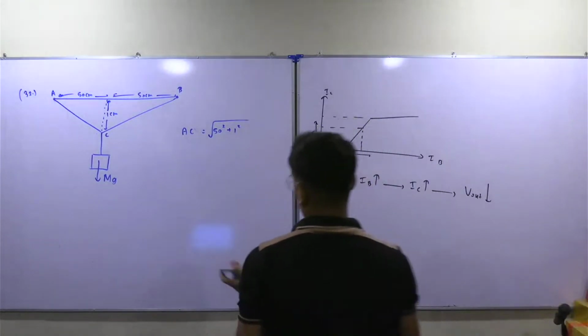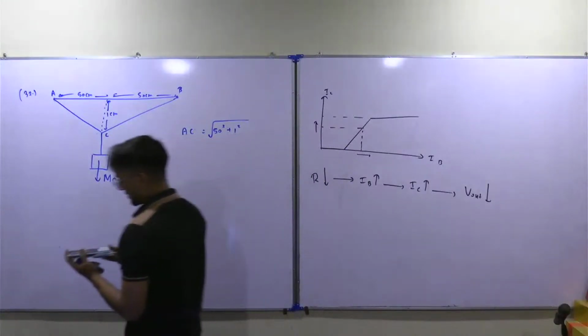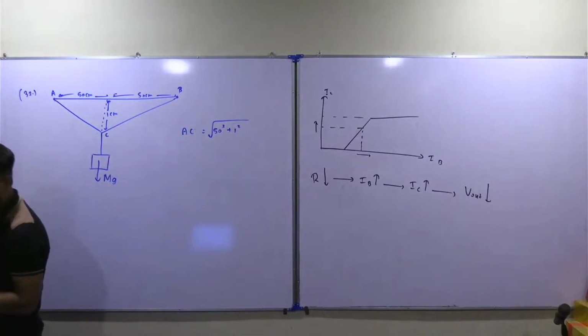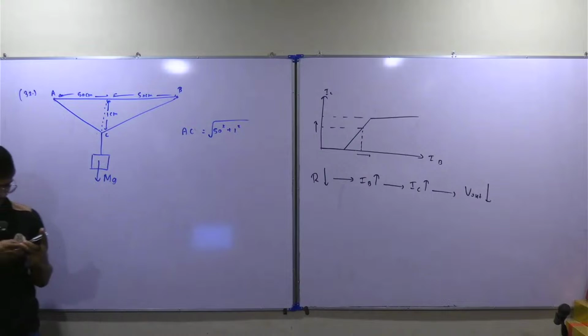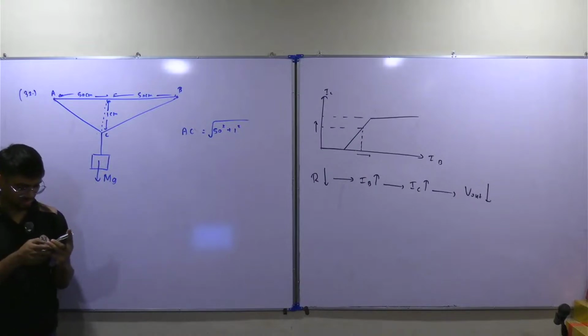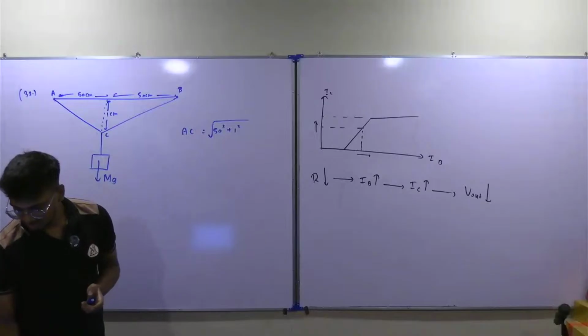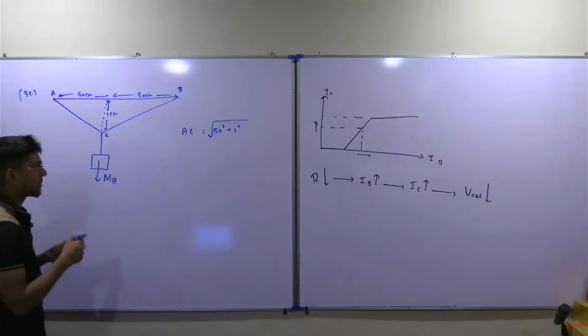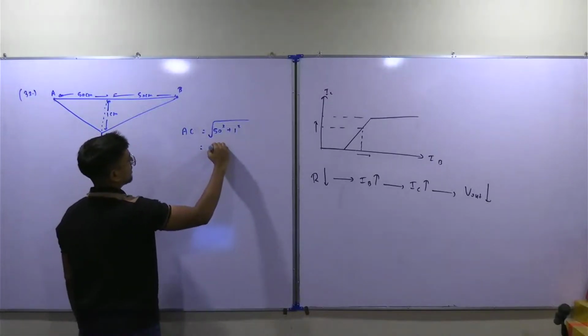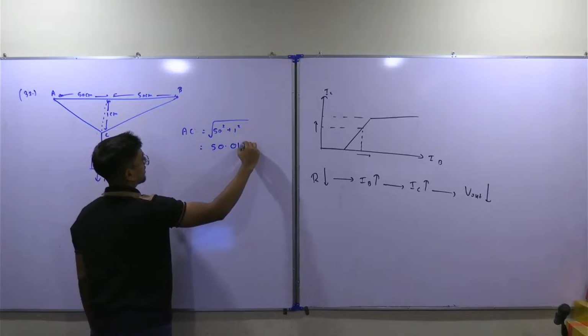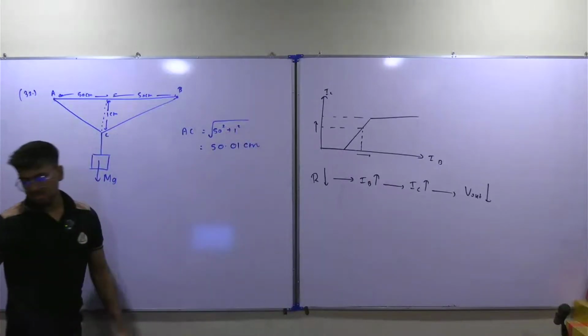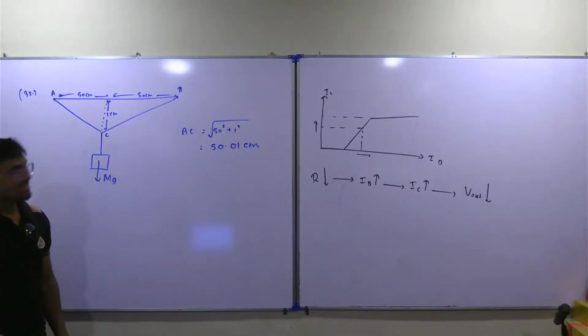That is 50.009 something, which is approximately 50.01 centimeters. That is the AC length.